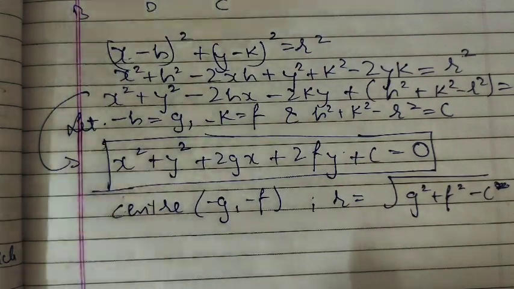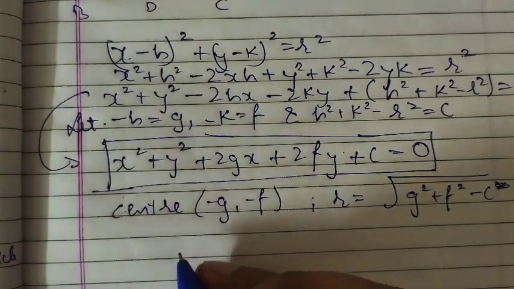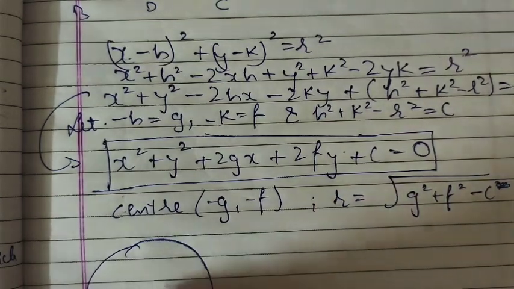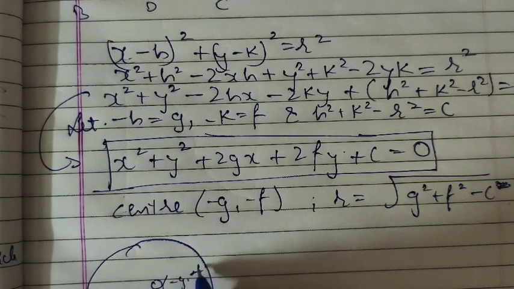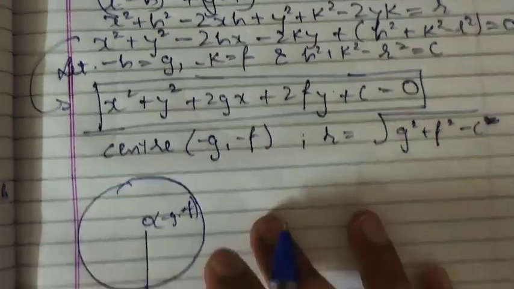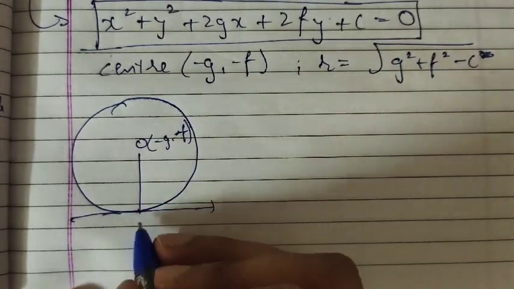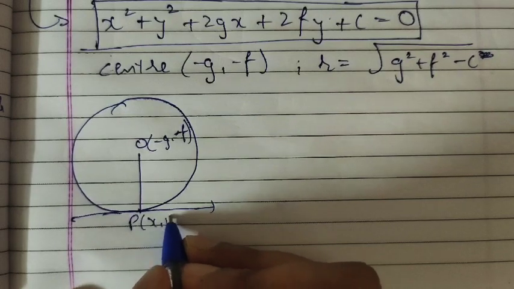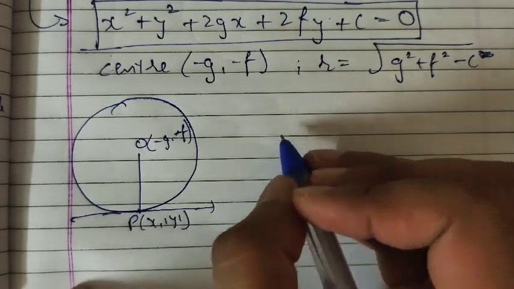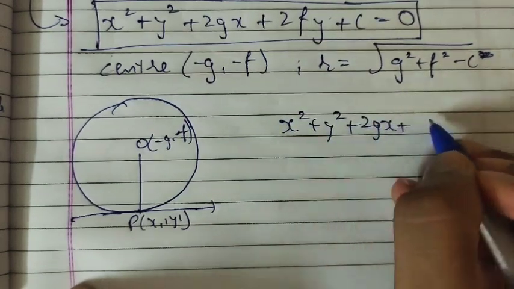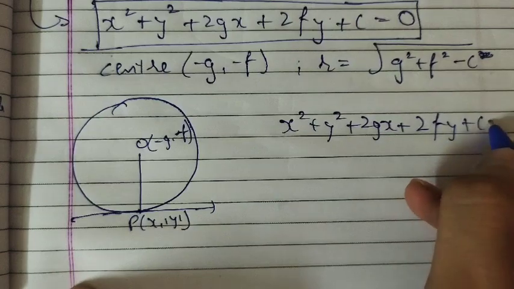Now suppose a tangent is there, so we have to find the equation of the tangent. Say this is a circle and this point O is (minus g, minus f), we know that the center of the circle is (minus g, minus f), right? And let's say this is a tangent, and let P be (x1, y1). We know the equation of the circle is x square plus y square plus 2gx plus 2fy plus c is equal to 0.